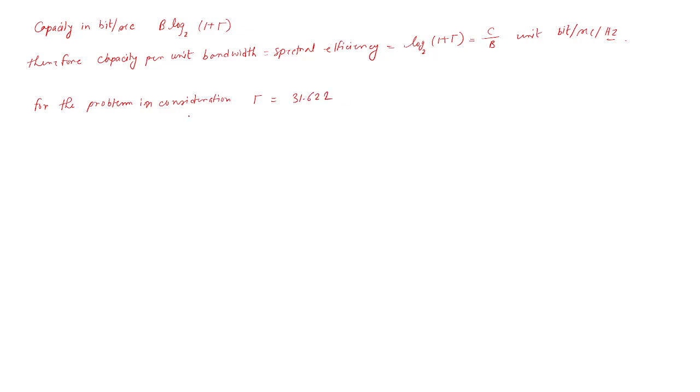Therefore our capacity per unit bandwidth, let us denote it by capital gamma dash, is equal to log base 2 of 1 plus 31.622 bits per second per hertz.